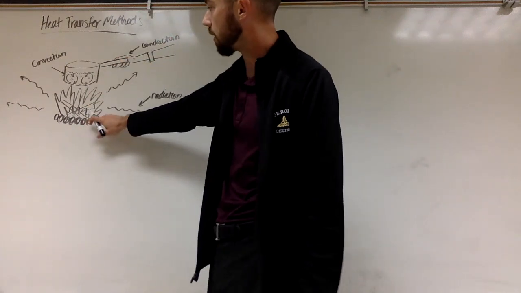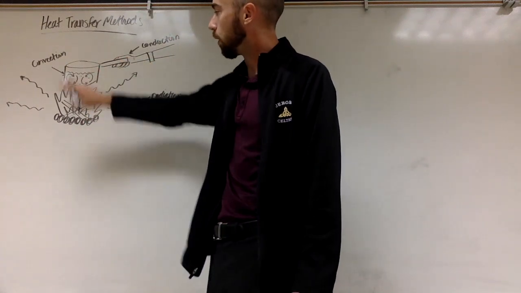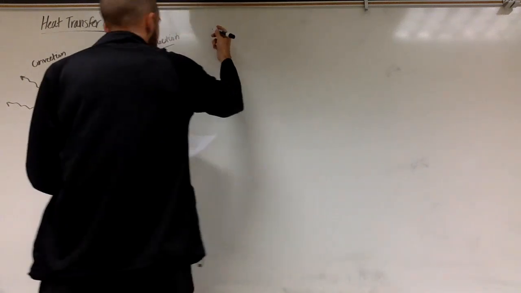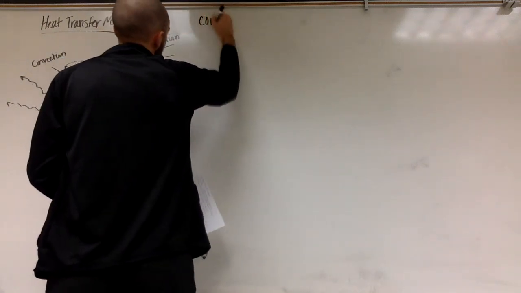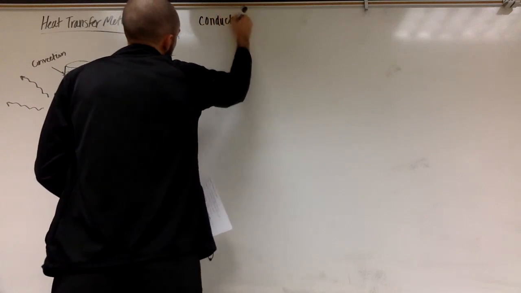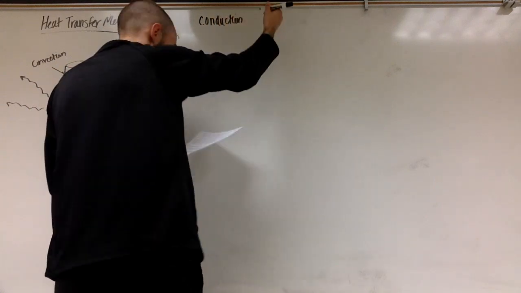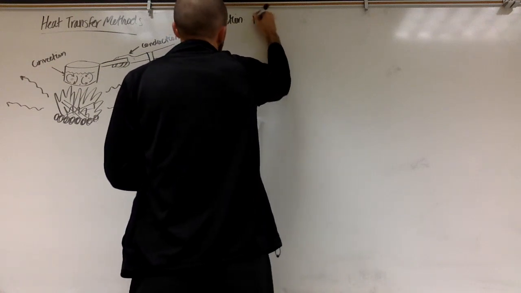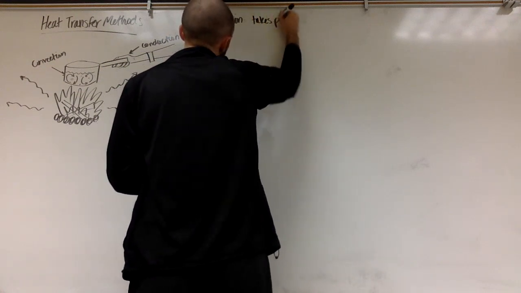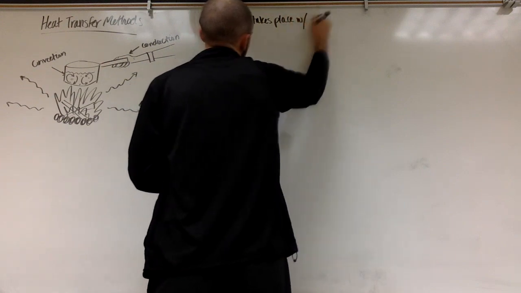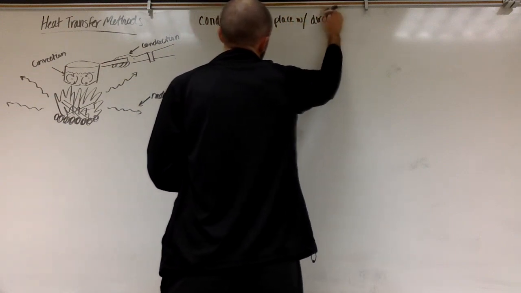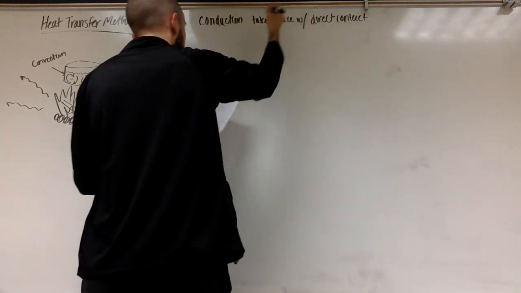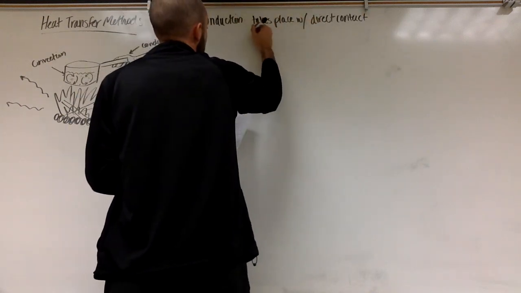You'll notice I've got a fire here, I've got a pan with boiling water in it, and let's go from there. So conduction, this is the one you're probably most familiar with. Conduction is when you basically just touch it. So it takes place with direct contact and can happen in any state of matter.